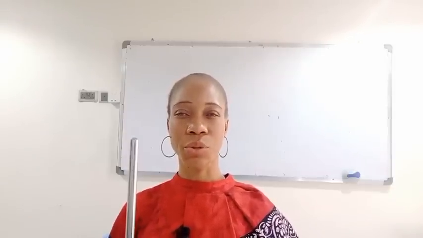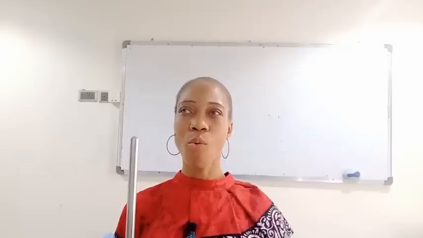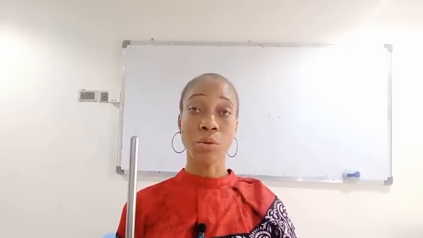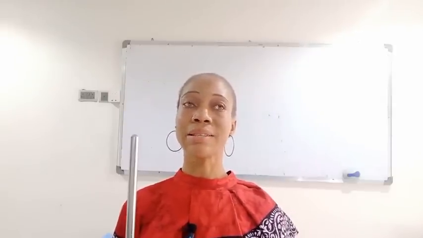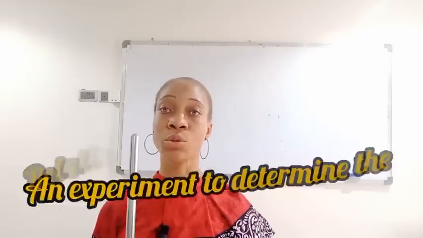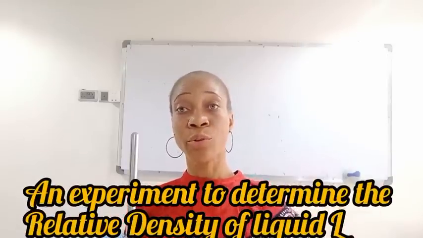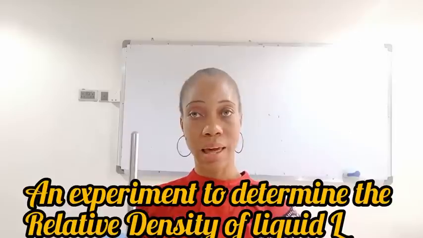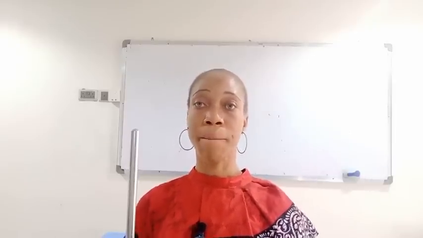Please watch this video to the end, to the point of the graph, because from the graph we will see how the result of our practical tallies with the theory. Remember, this is an experiment to determine the relative density of an unknown liquid labeled L, which we believe is kerosene based on what we are asked to provide.